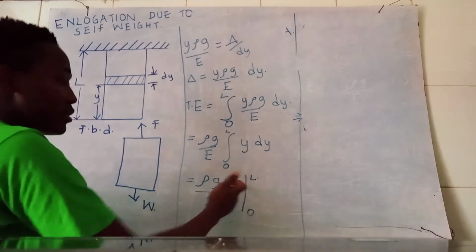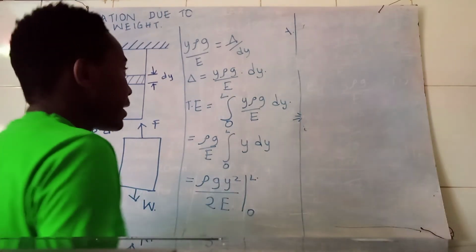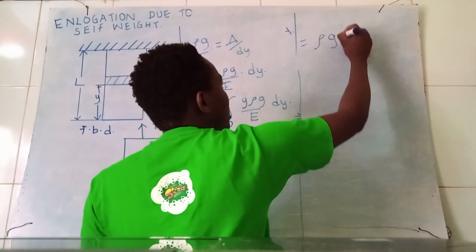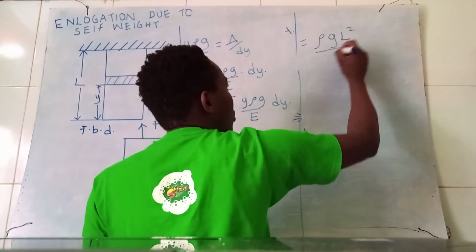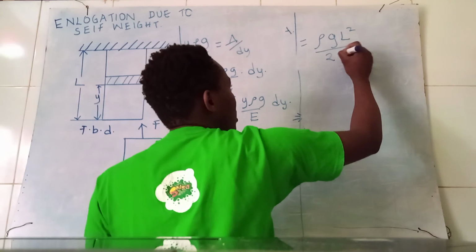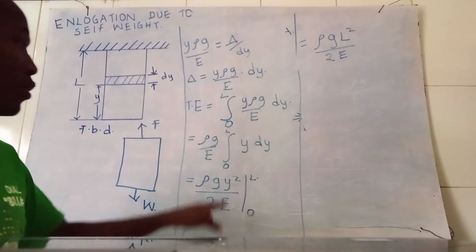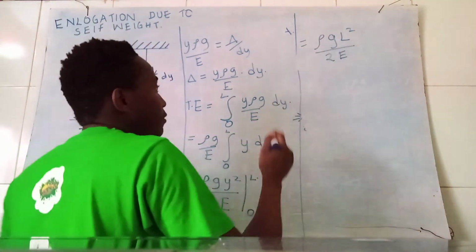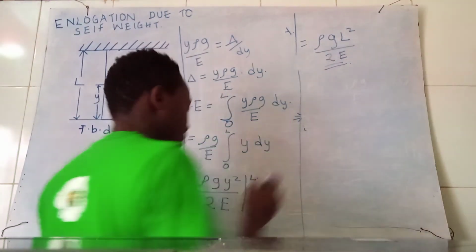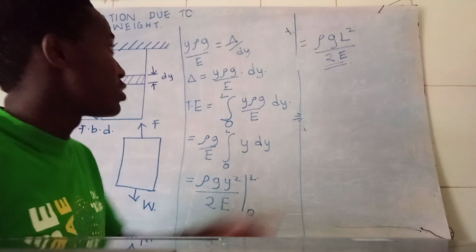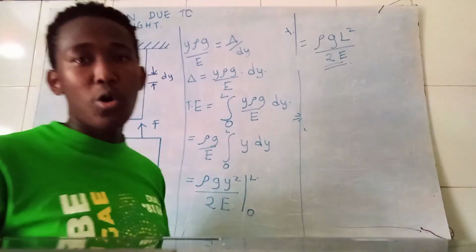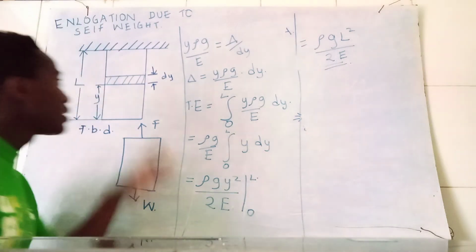So put in the limits. When I put in L, I shall have rho g L squared all over 2E. When I put in 0, anything multiplied by 0 is 0, and therefore that is going to be my answer. So total extension is given by rho g multiplied by length squared all over 2E. And that is it.